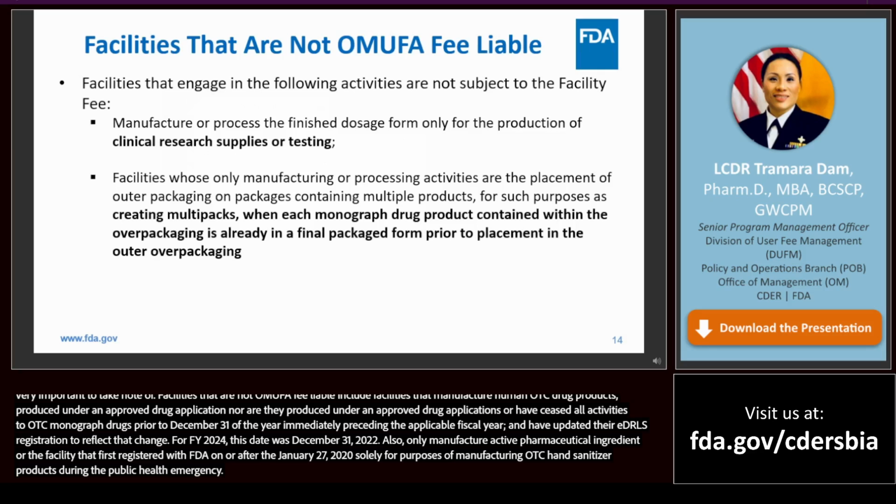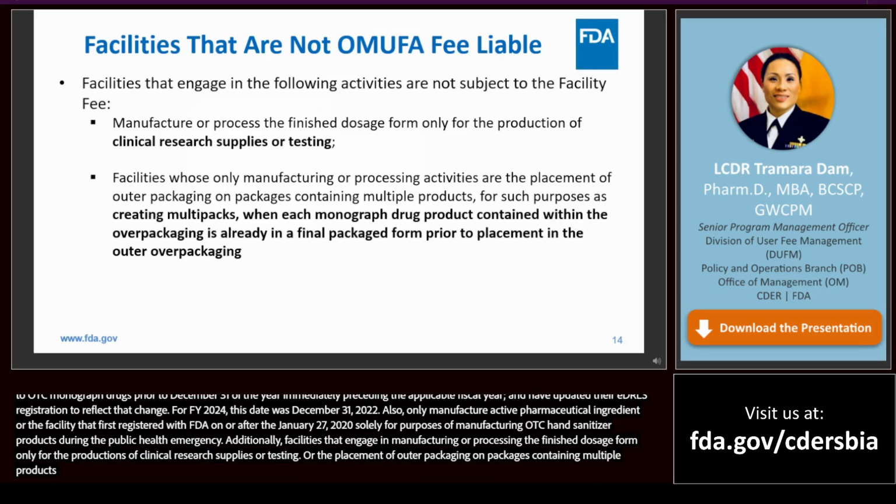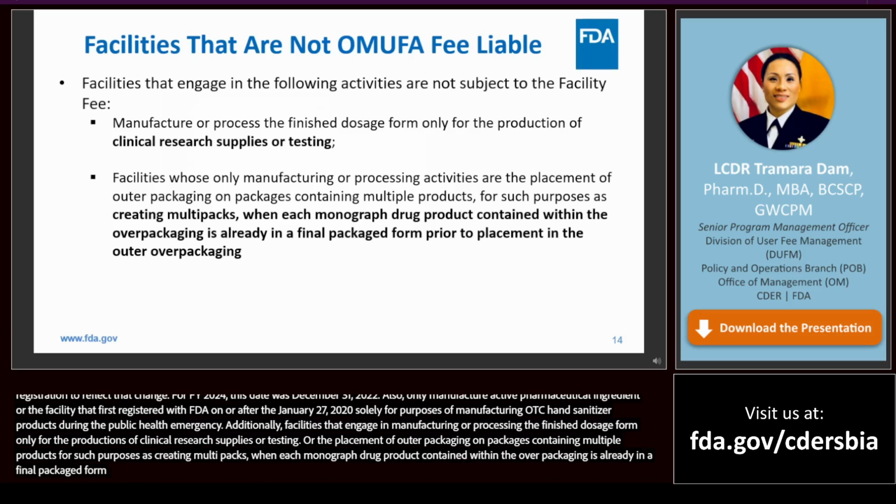Additionally, facilities that engage in manufacturing or processing the finished dosage form only for the production of clinical research supplies or testing, or the placement of outer packaging on packages containing multiple products for such purposes as creating multi-packs, when each monograph drug product contained within the over packaging is already in a final package form prior to placement in the outer over packaging.